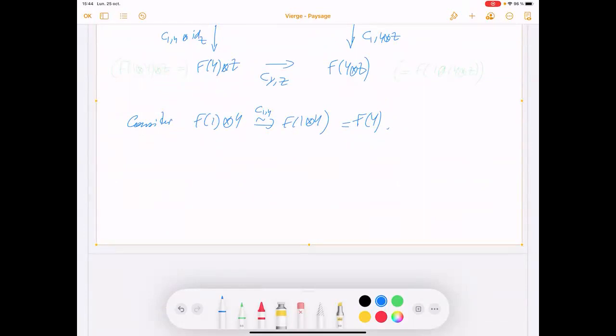Essentially surjective. So you take the functor f tilde such that Y maps to F1 tensor Y, and take a tilde of Y tensor Z equal A of F1, the isomorphism Y, Z.